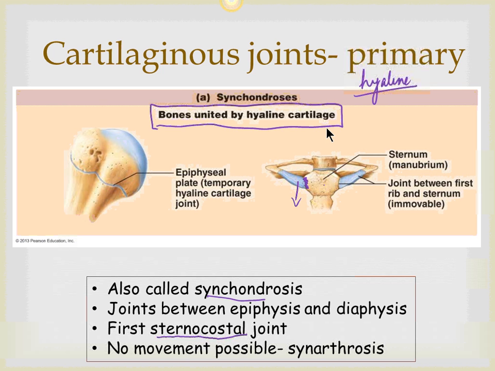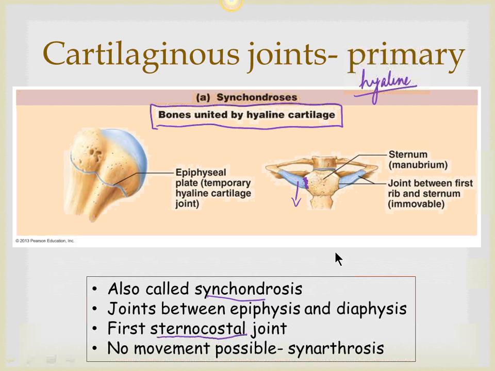So there's no movement possible at these primary cartilaginous joints. And think about it. Between the epiphysis and diaphysis, is there any movement possible? They don't move. The epiphysis and the diaphysis don't move about, right? Similarly, there is no movement between the sternum and this costal cartilage because they are fused to one another.